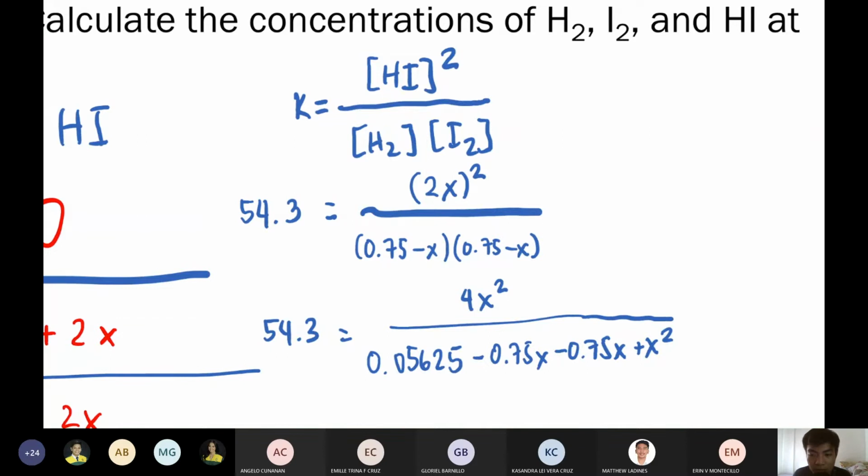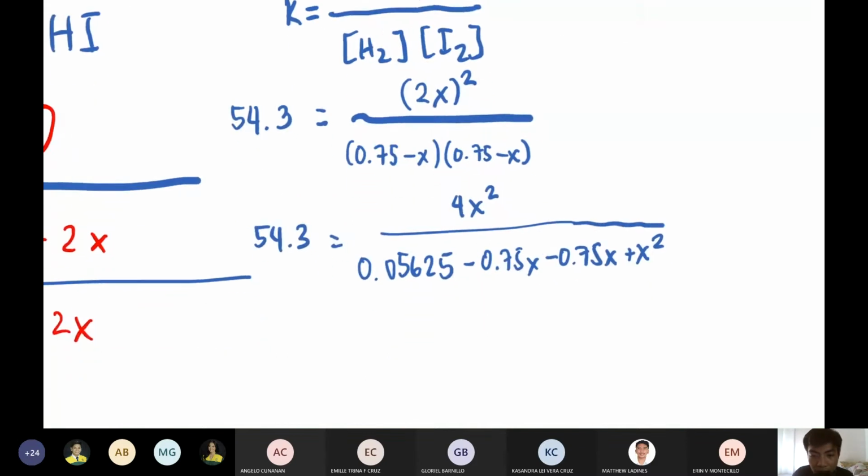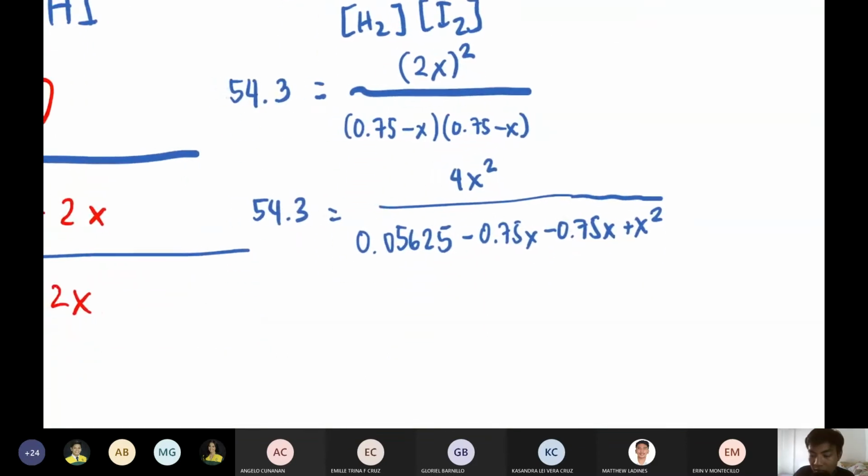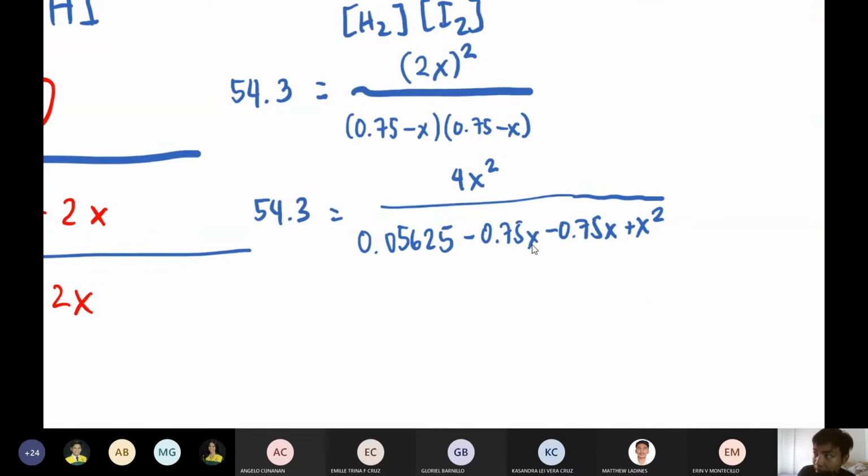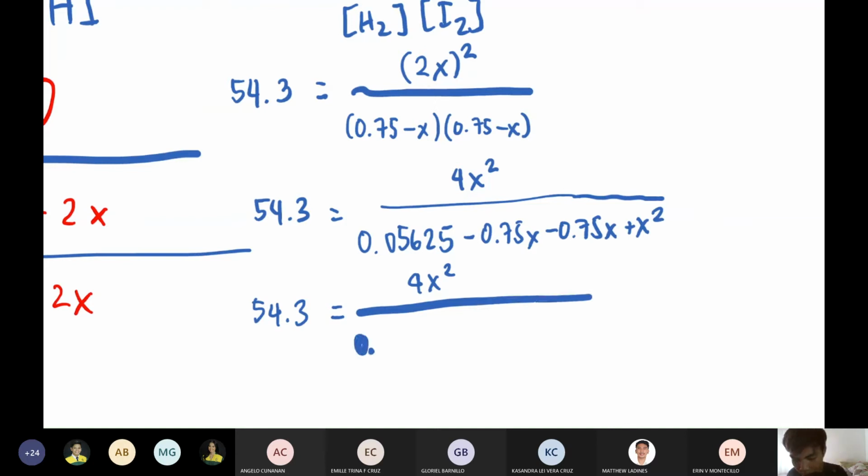Di ba? Saya mag-algebra. So, anong gagawin? Simplify mo yung denominator. Pagsamahin natin yung parehas na negative x. So, that can be written as 54.3 equals 4x squared divided by 0. Ito na naman ako sa typo ko. Teka lang ha.